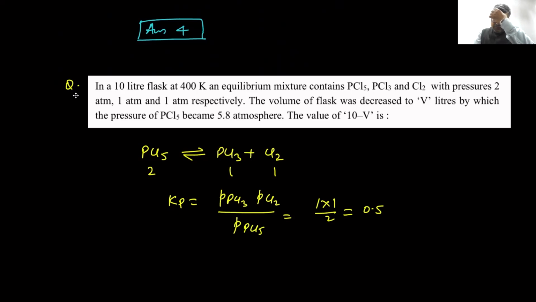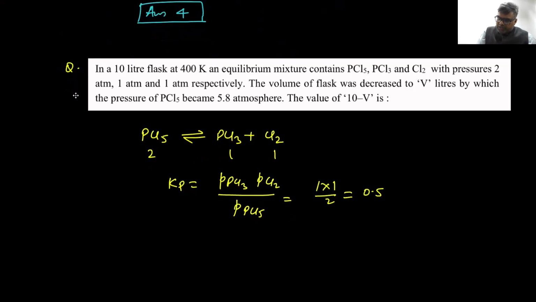Now it's given the volume of the flask was decreased to V liters. So if I decrease the volume, that means pressure of all the substances will be affected. So since temperature is constant, PV is constant for all the substances.